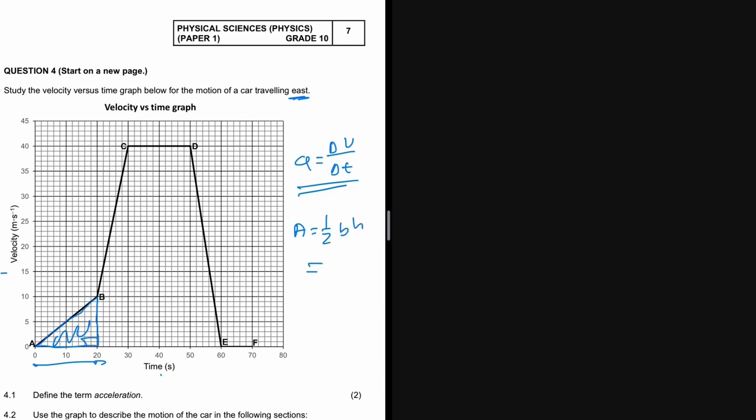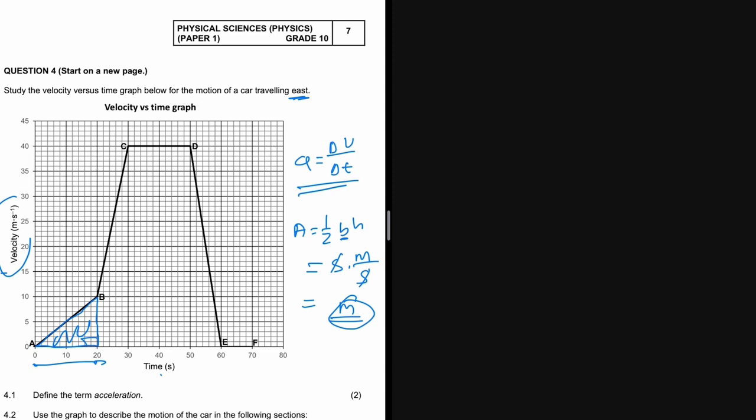The reason we use the area to calculate the displacement is that the base is in seconds and the velocity is in meters per second, which is meters over seconds. When you multiply them out, the unit is just meters, and meters represents the displacement. So that is one thing you need to know on the velocity time graph.